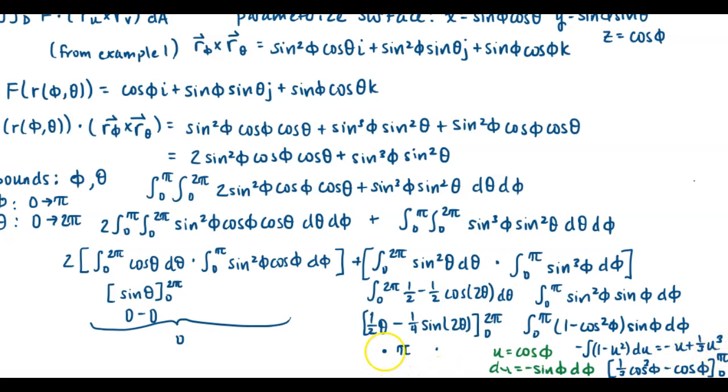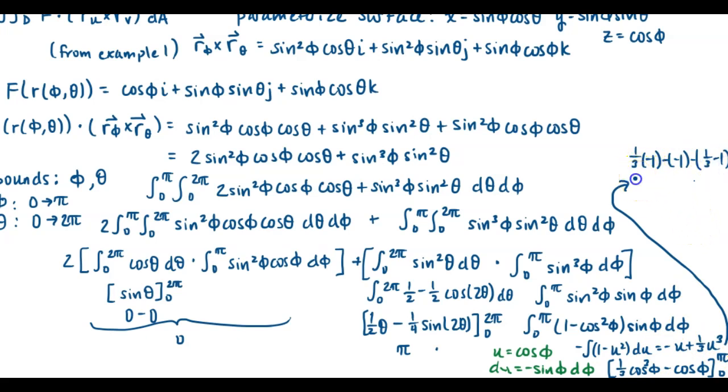And plugging this in, let's pull all of this up here. When we plug in a pi, we know that the cosine of pi is -1, and so we get 1/3 times -1 minus -1 minus the quantity. When we plug in a 0, we just get a cosine of 1, and so we get 1/3 minus 1.